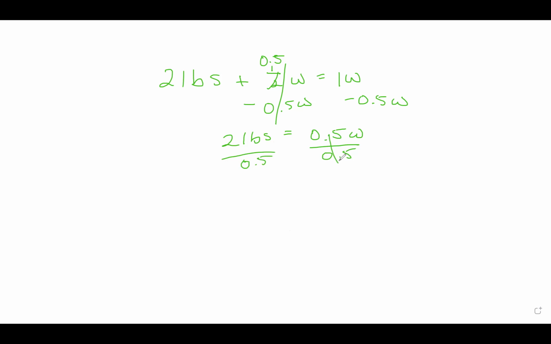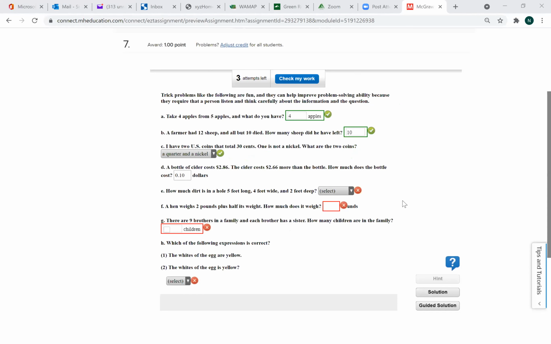And I get that W is equal to 4 pounds. Does that make sense? Yes. Okay, so let me go back and put in 4 pounds. And let's see. Now I'll check my work. Okay. And we'll see what I get. It liked both of those.